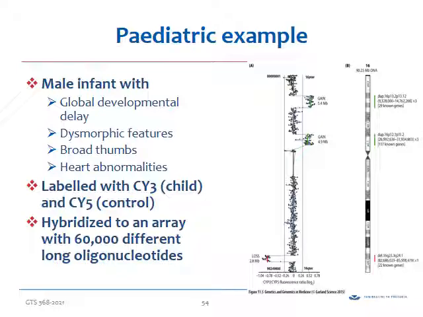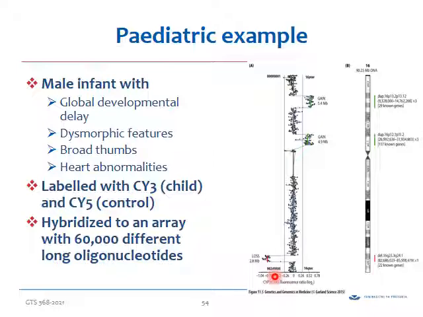It was therefore hybridized to an array with 60,000 different oligonucleotides. The small green probes represent individual oligonucleotide probes on the vertical scale, marking the position on chromosome 6, from position 1 to 90 million.